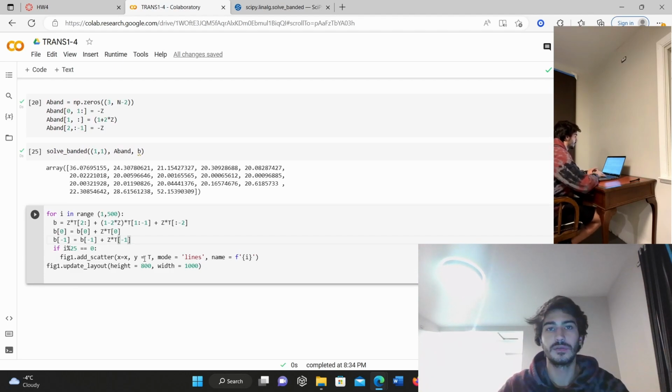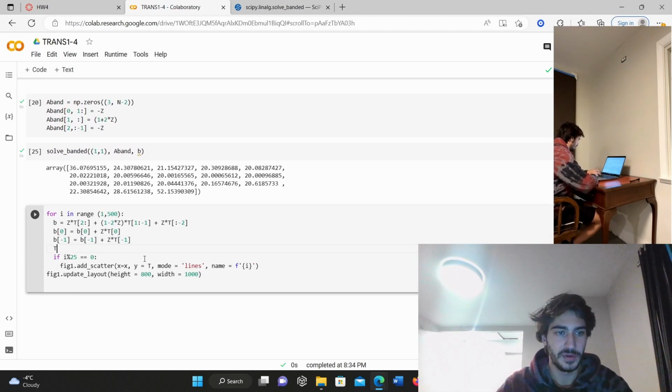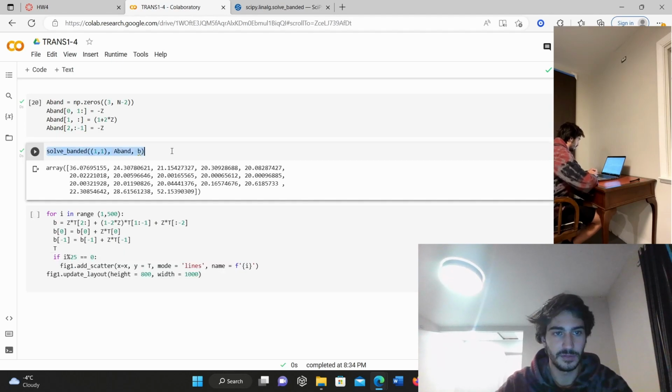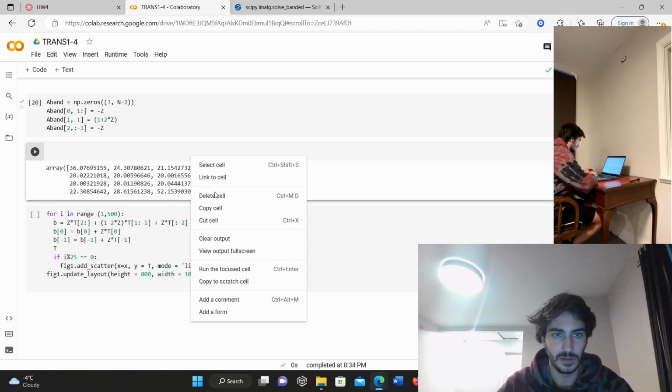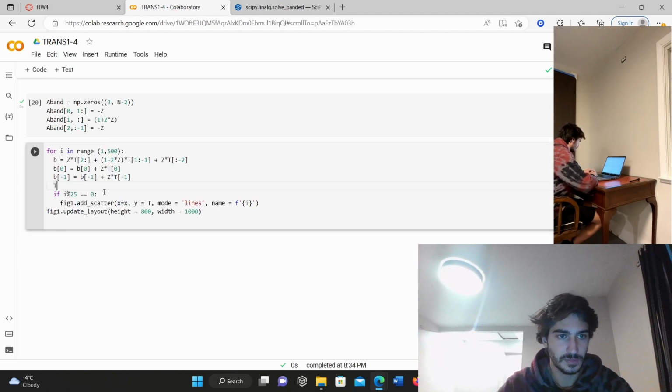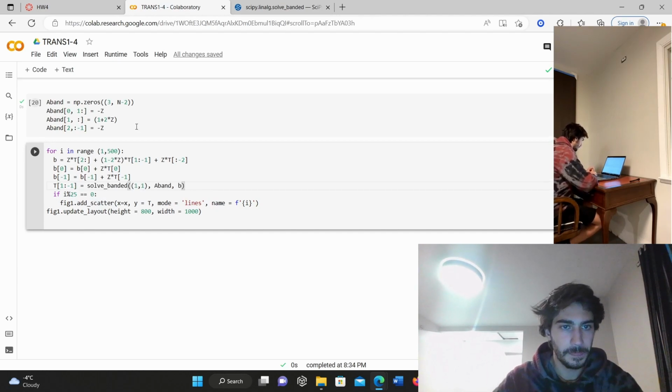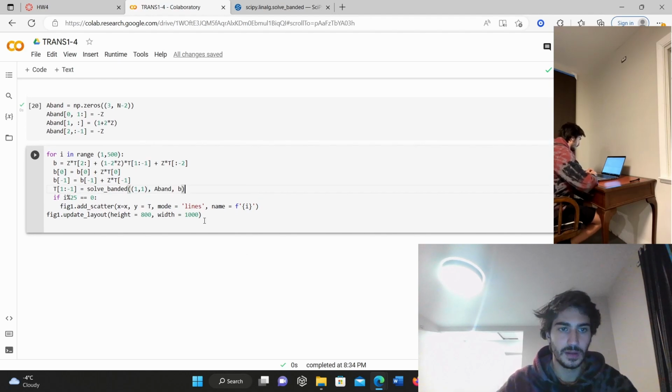Oh, the actual value of temperature, right? We need the temperature. This is where solve banded obviously comes in. Go ahead and delete this now. So this is going to be from first to second to last. We have solve banded, and we're going to have fig 1, add scatter. T is always your temperature. Alright, this should look good.